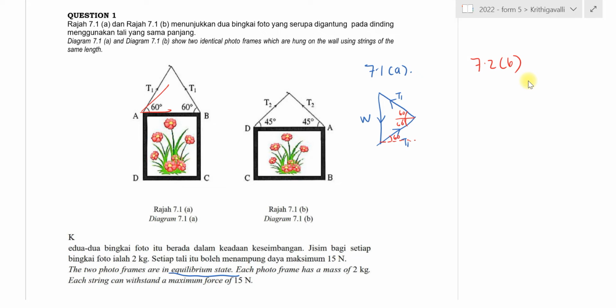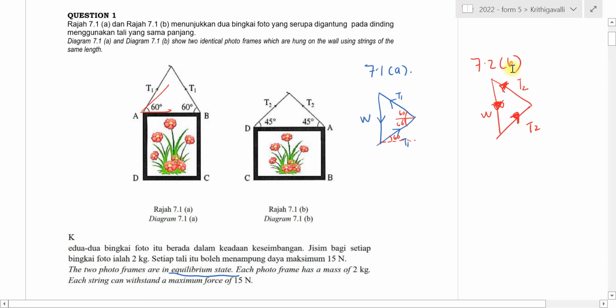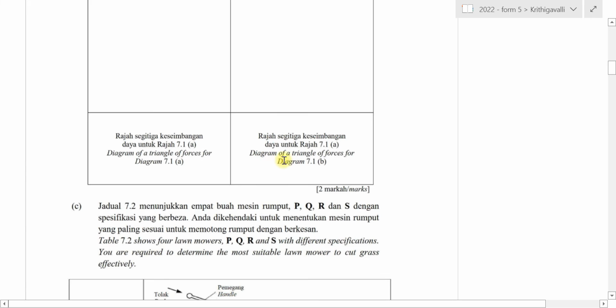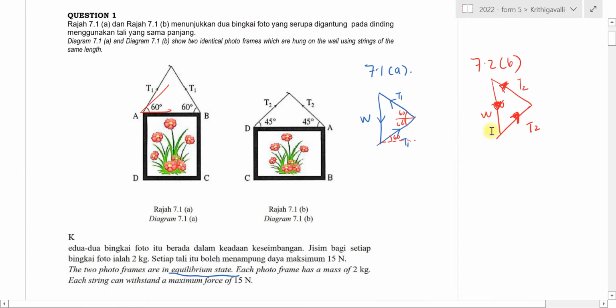Okay, right. And then for this one, this is the T2, and this is your W. All right, those are the examples of triangles of forces acting on both sides.